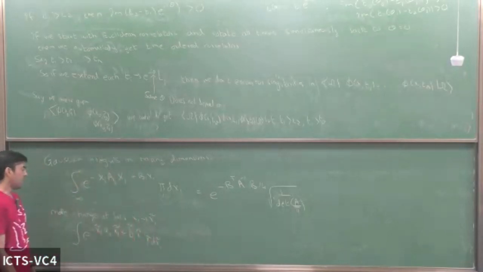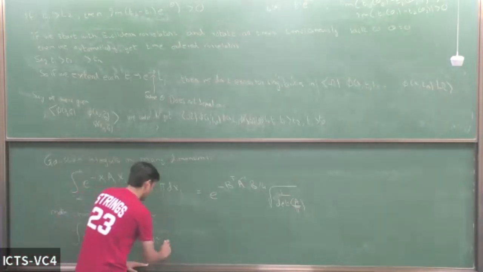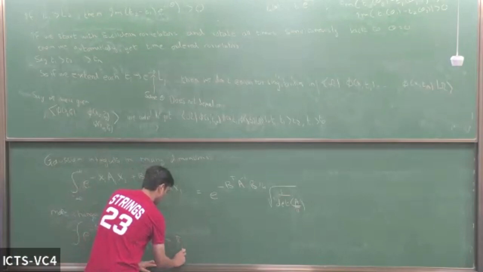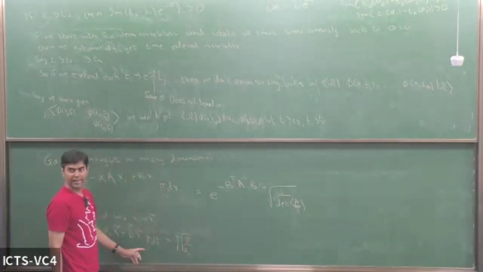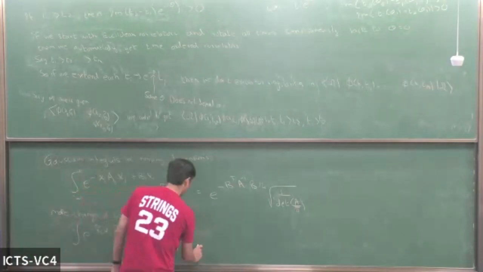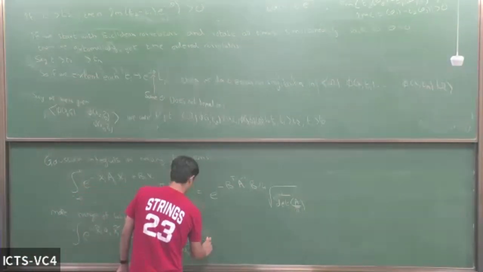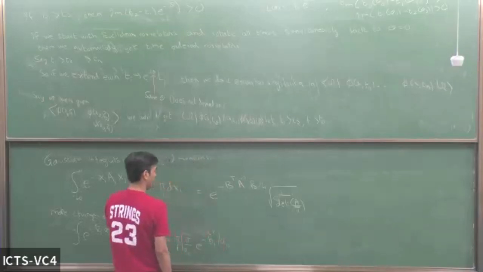But now this integral we know how to do, because you just get square root of pi by a_ii. You have to complete the square, so you get e to the minus b tilde i squared by a_ii, and there's probably a factor of 4.